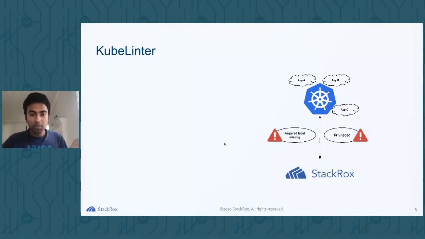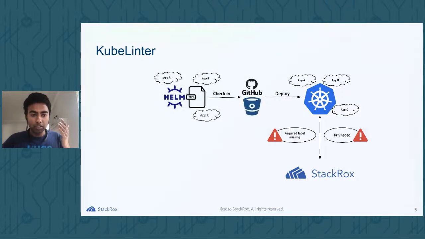Now, where KubeLinter comes into the picture is if you or your team uses a configuration as code approach. So you actually configure your applications using YAML files or Helm charts that are checked into a version control system, say GitHub, Bitbucket, or GitLab, and then deployed using a CI/CD system.